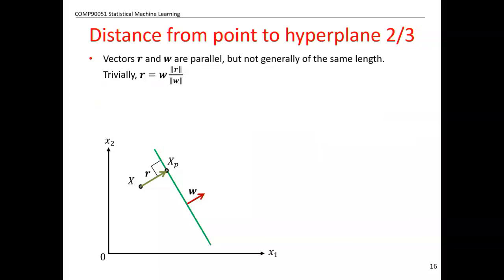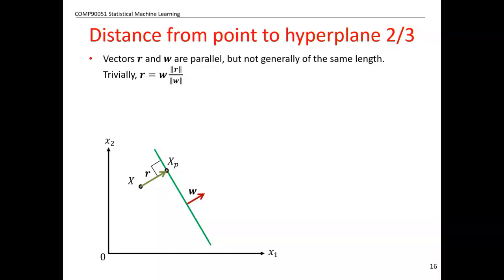Okay, so here's the second slide. Since r and w are both perpendicular to the boundary, they're parallel to each other. That means they're a scaled version of each other. In particular, if I normalized r and w, dividing both by their lengths, I would get the same thing.